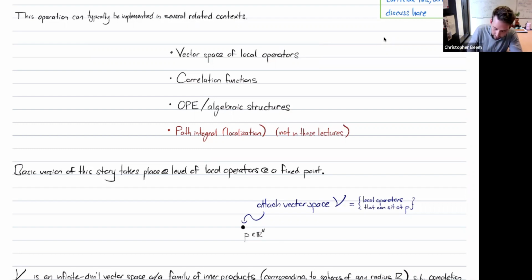You can try to extend that to the level of correlation functions, which means you're interested in being able to put operators at multiple points. And you can also try to extend this to an algebraic level, at the level of OPEs. And these all work. I'll say something about the different things that you should say to show that it works.